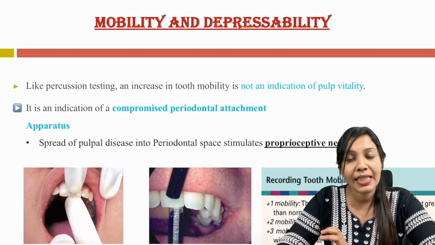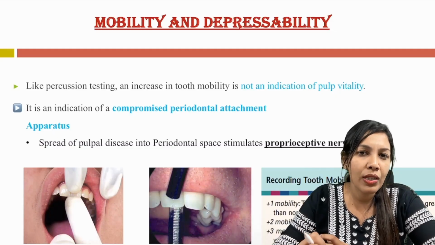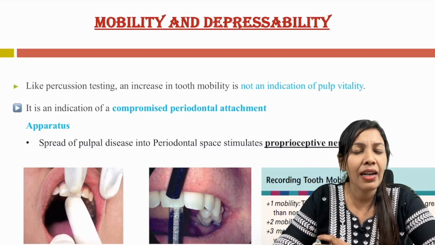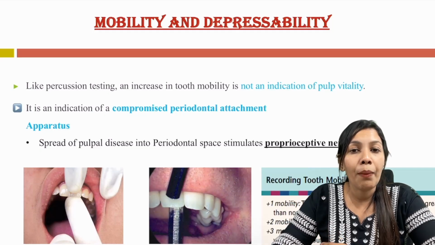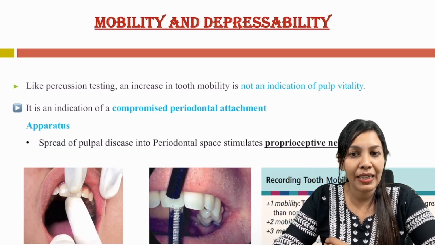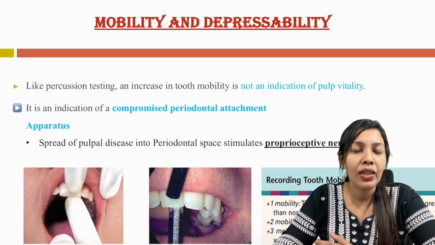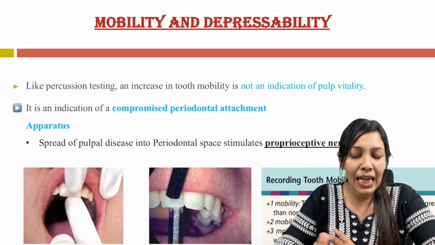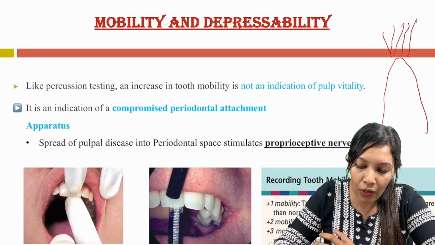Next is mobility and depressibility. A very important term is mobility. If the tooth has mobility, it means that the periodontal ligament which supports the tooth has some problem, or a compromised periodontal attachment is being shown. As I said earlier, when we hit the tooth and the patient has pain, it is because of certain receptors called proprioceptors that are seen in the periodontal area.